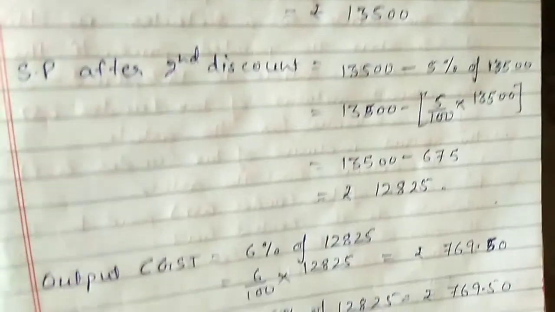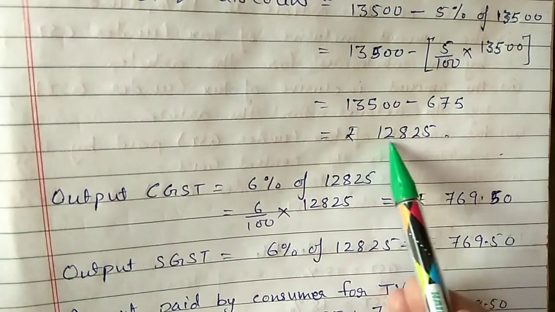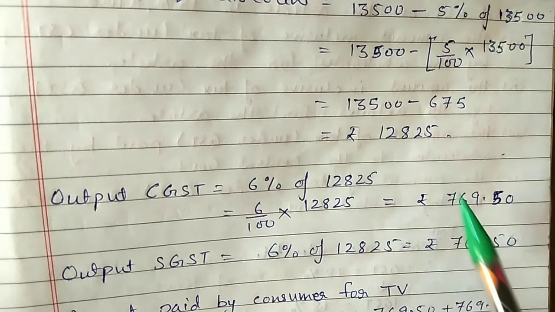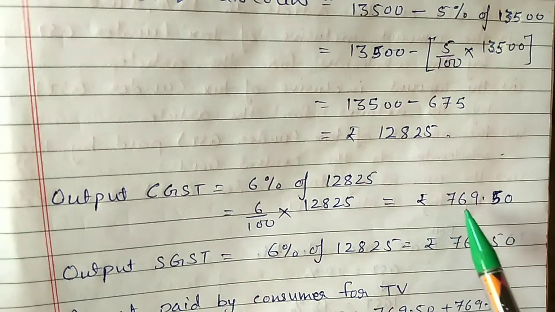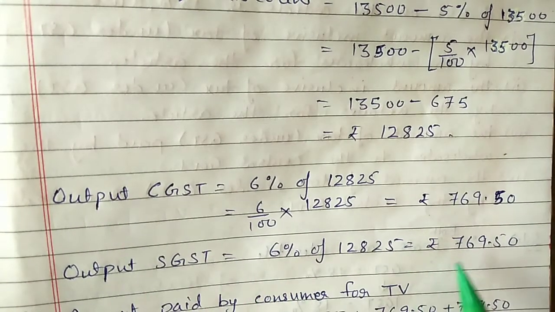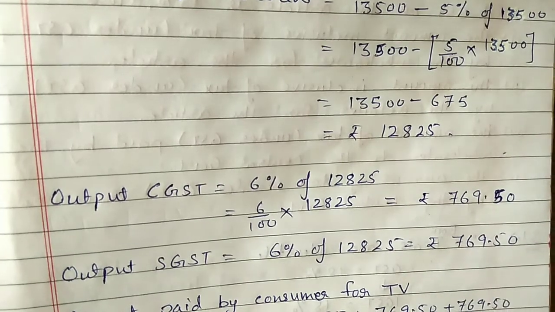After this, the output CGST will be 6% of this final selling price. 6% of 12,825 rupees is equal to 769 rupees 50 paise. Output SGST also will be the same, 769 rupees 50 paise.